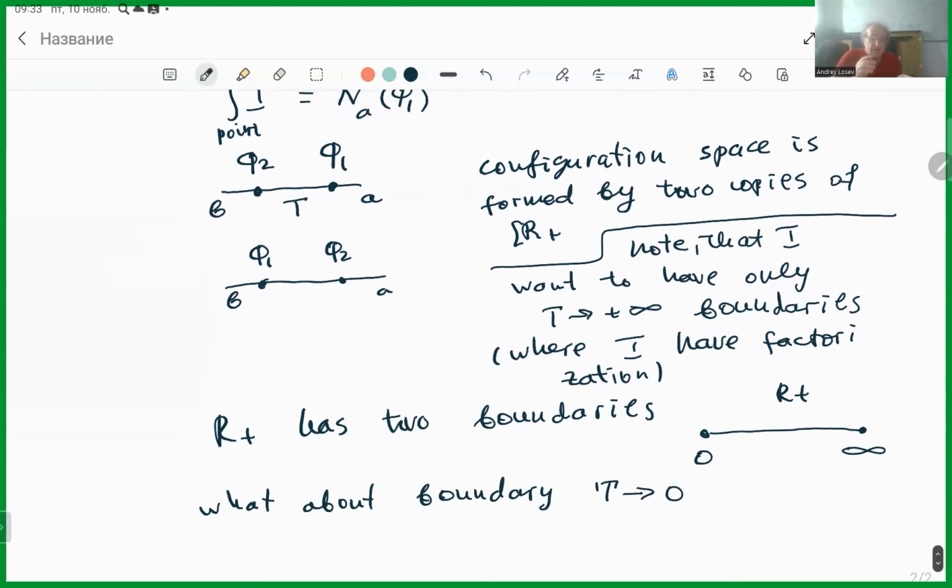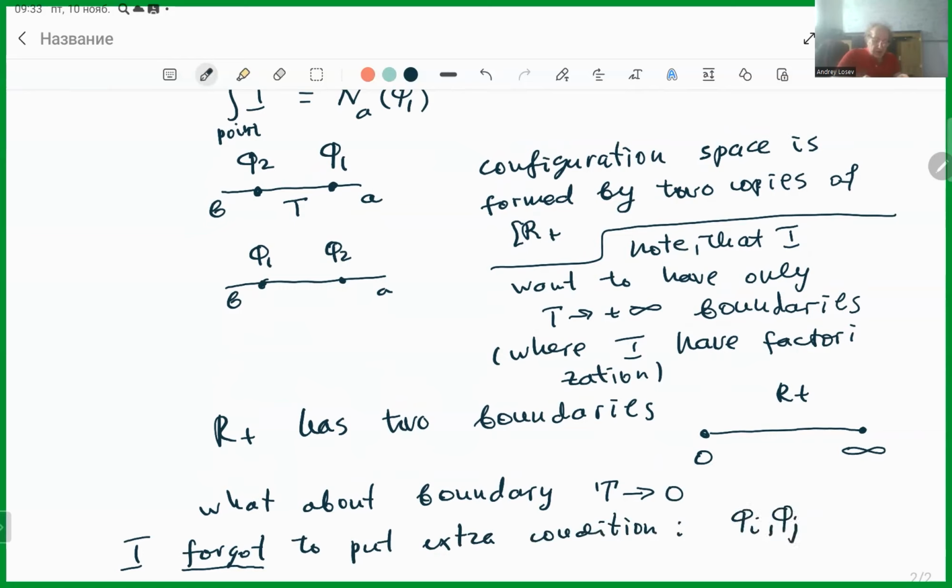So here I need to say that I forgot to add an extra condition. It's my mistake in presentation. The condition on phi i, phi j. I forgot. It's my mistake in explanation.